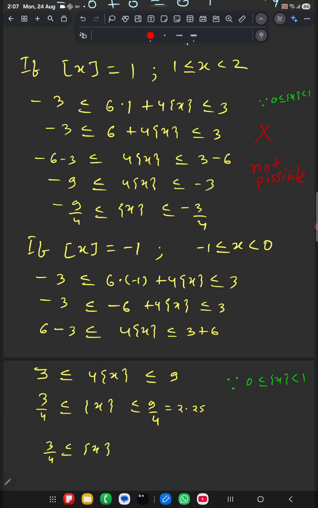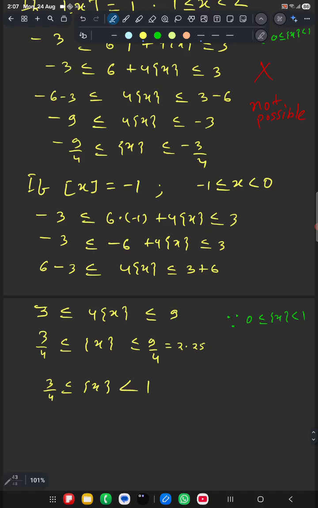So we will limit ourselves, we will do it on our own, less than only 1, not equal to, only less than 1.